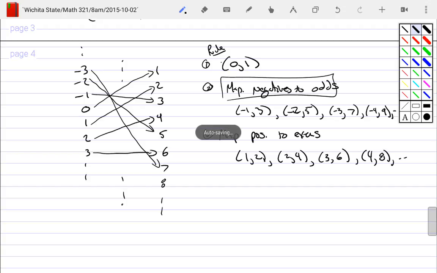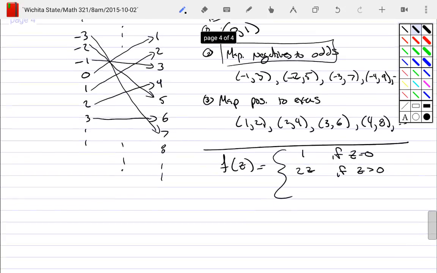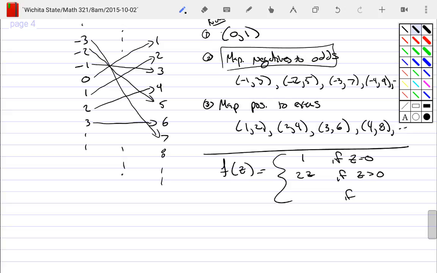You would say f of z is 1 if z equals 0, 2z if z is strictly greater than 0, and absolute value of z plus 1 otherwise.